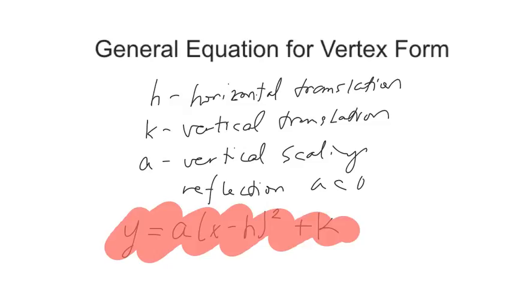All right. I guess I just want to do a couple examples of how you might use this and what information you can get from it. All right, so let's do one. So let's say I had an equation, y equals 2 times (x minus 1) squared, and that's fine.